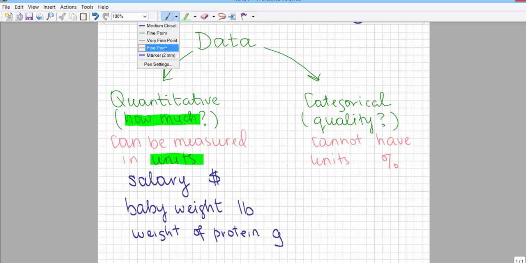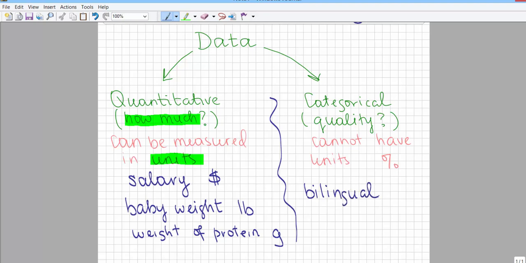Okay, so let's say you have the following examples. Bilingual. Okay, that's all people that speak 2 languages, right? Fluent in 2 languages. Can you measure that in units?